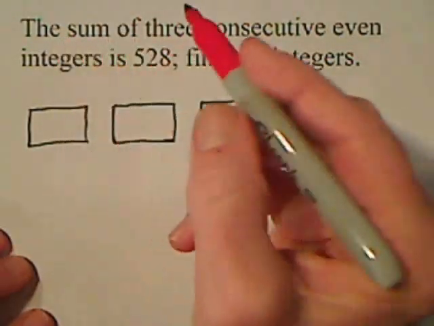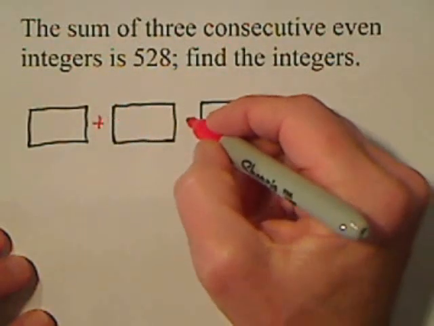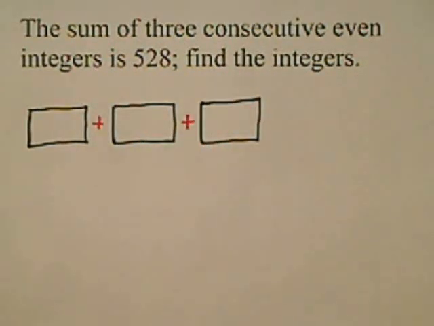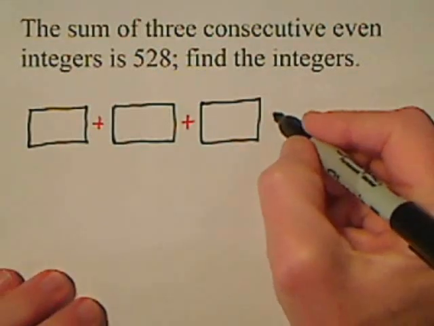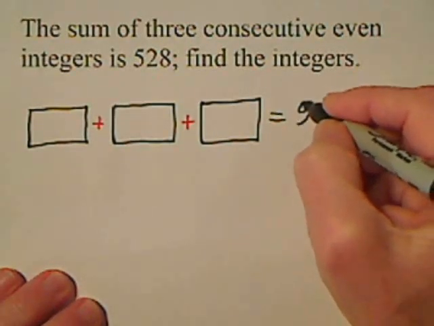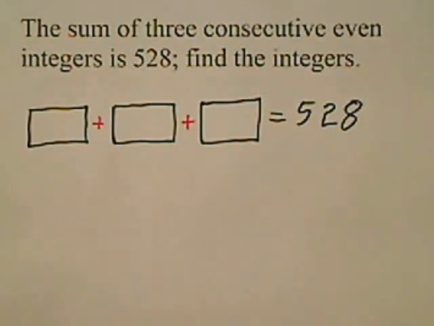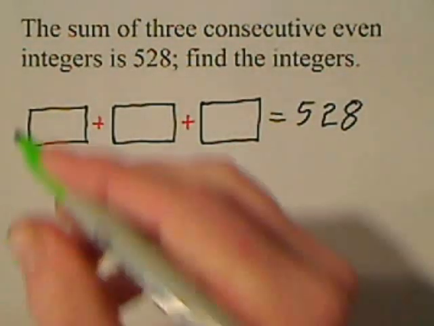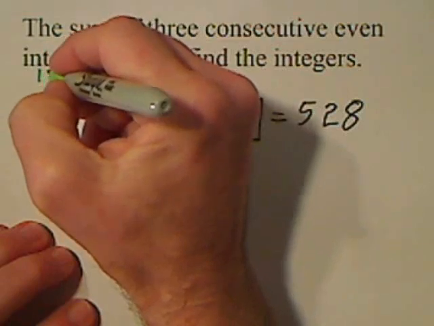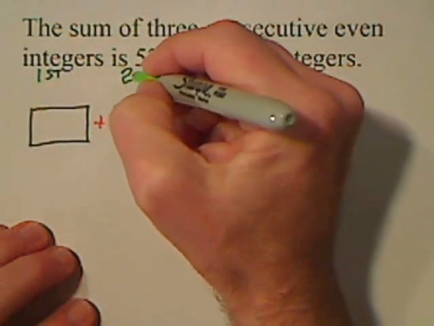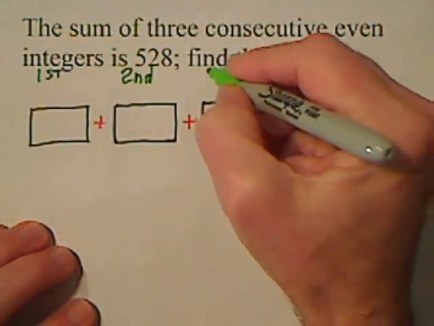And it says the sum of them. So if I add the first, the second, and the third, I'm going to get 528. And again, let's label these: first, second, and third.